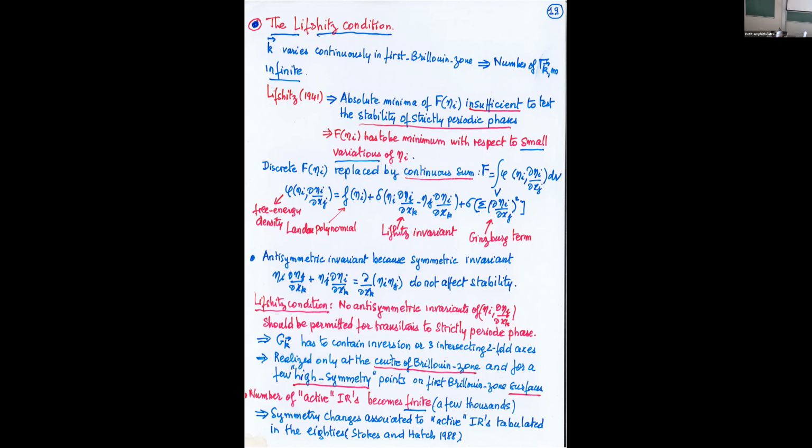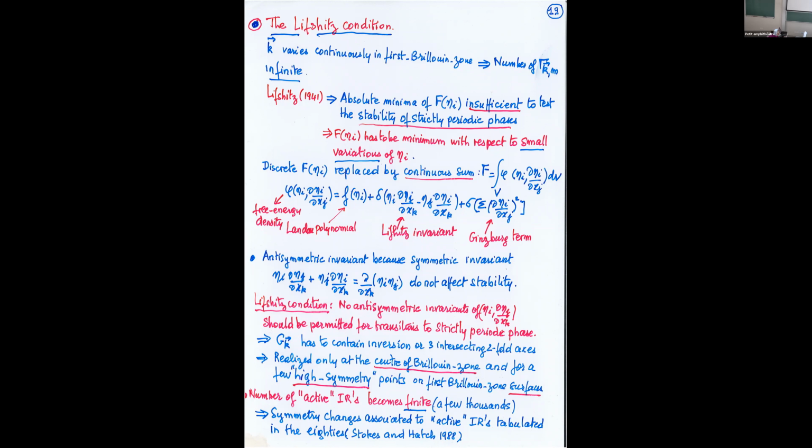solid state. So let's speak about the Lifshitz condition, which was very useful. K is a vector which varies continuously in the first Brillouin zone, and so the number of irreducible representations gamma K m is infinite.